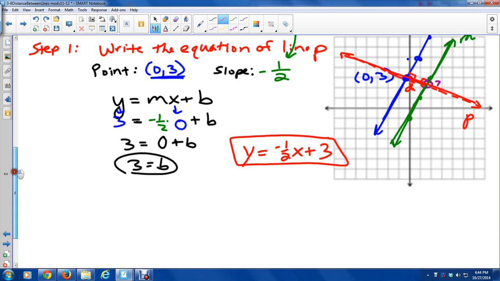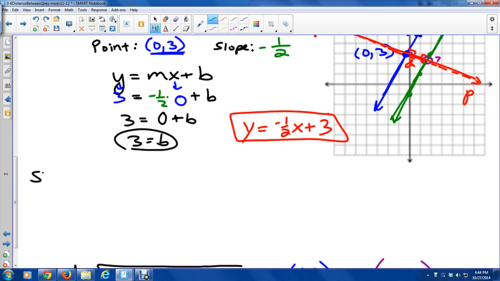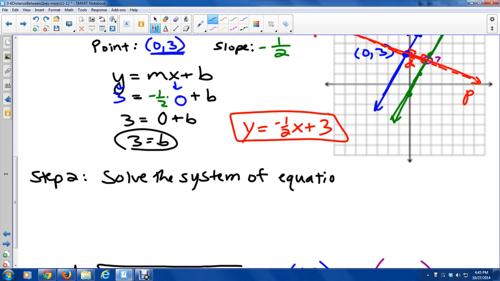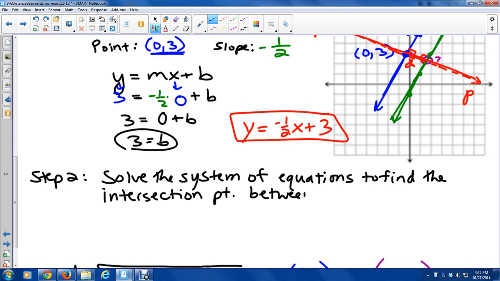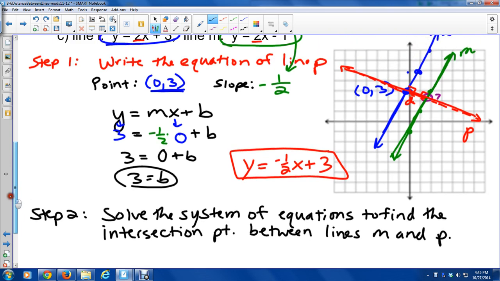So let's write it out so we know what we're doing. Lines M and P, just to point something out here.